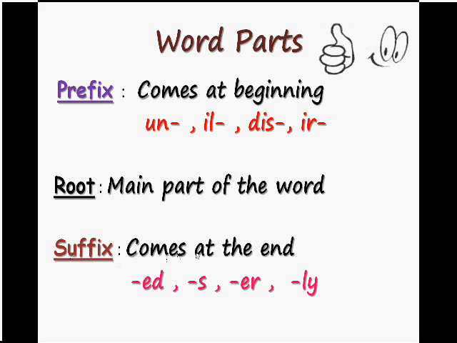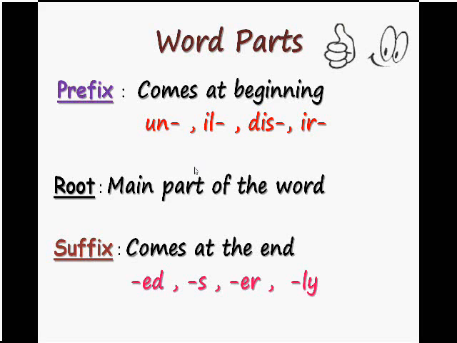A suffix always comes at the end, like id, is, and li or ly. Again, these are only examples of suffixes. We have lots of others. So these are the main parts of the word. Okay, we have a prefix, root, and suffix.